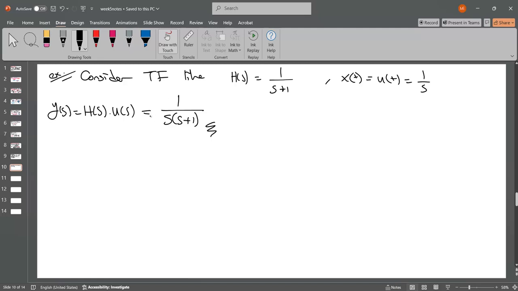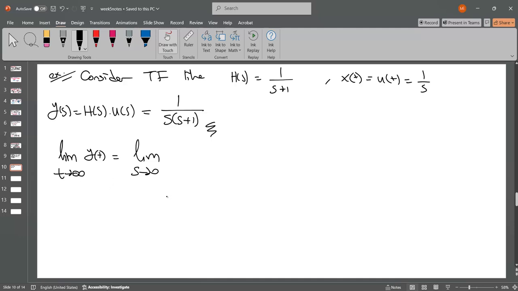And so, we need to apply what to this signal? Limit t to infinity of y(t), and also limit s going to 0, because the frequency is the inverse of the time.